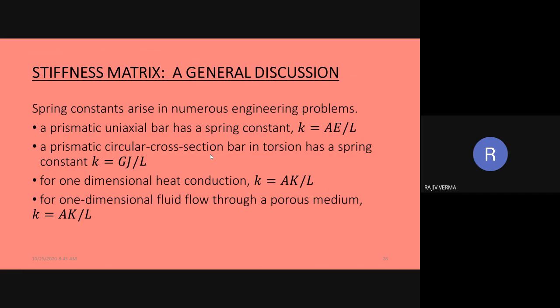And similarly, for a non-structural case, such as fluid flow through a porous medium, we have a corresponding stiffness term defined as AK/L.